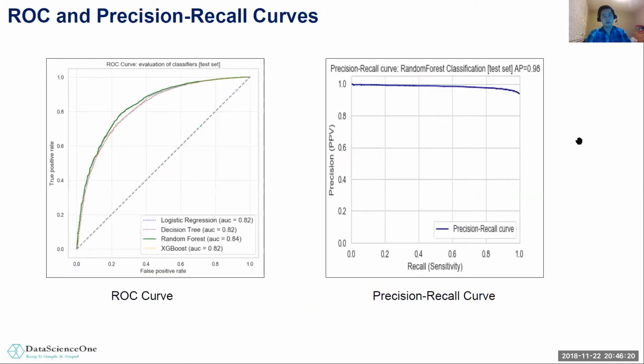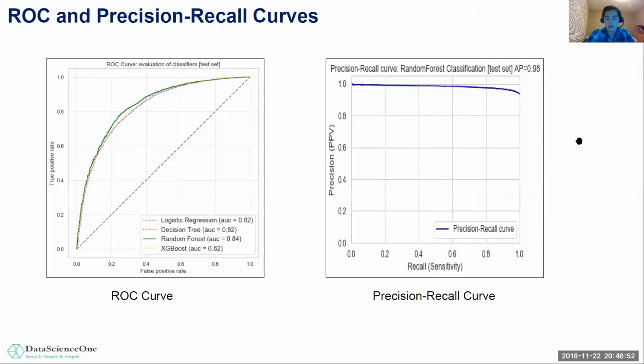Now, let's look at the ROC curve and the precision-recall curve. The left one is showing the ROC curve plotted for 4 different models, and the best model was random forest with an area under the curve of 0.84. What this means is that about 84% of the time, the model is good at separating the renew clients from the non-renew clients.